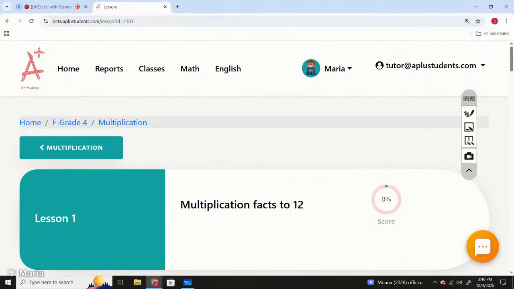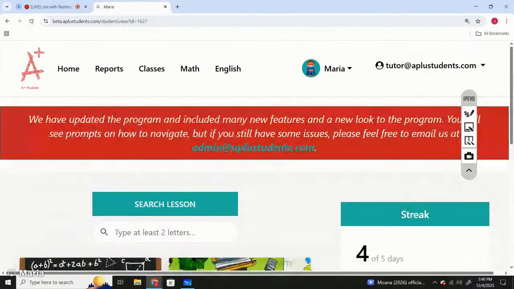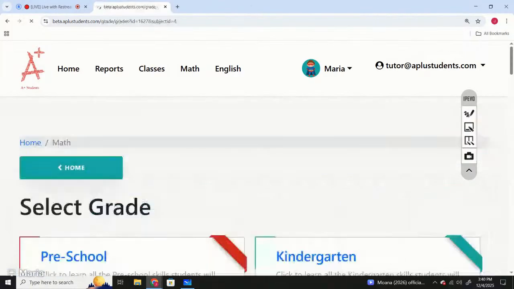If you need more help with any of the lessons, you can simply click on the live chat and tutors are available there to help you, or you can write them down in the chat box.